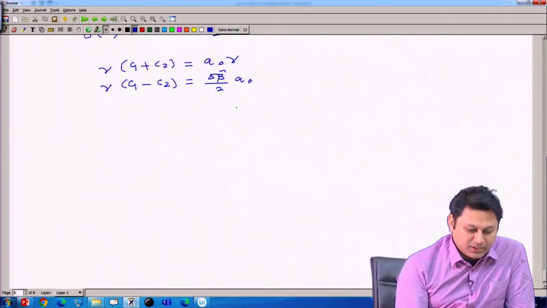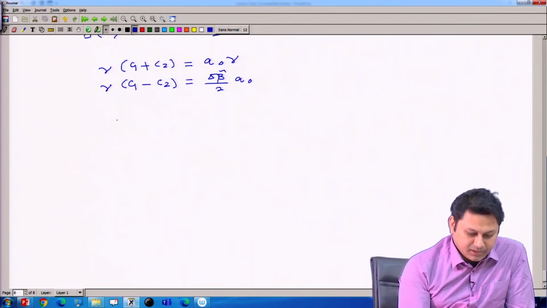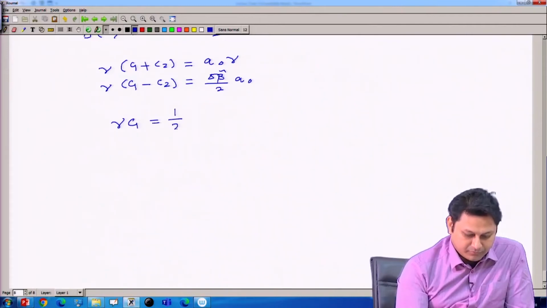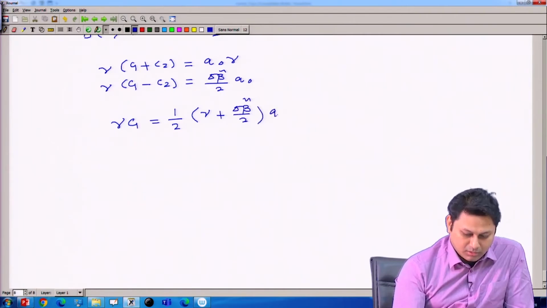If I do that calculation, I can find that gamma C1 is equal to half of, if I just add, half of gamma plus delta beta tilde divided by 2 times A0. So, that C1 is equal to A0 divided by 2 then gamma plus delta beta tilde divided by 2.